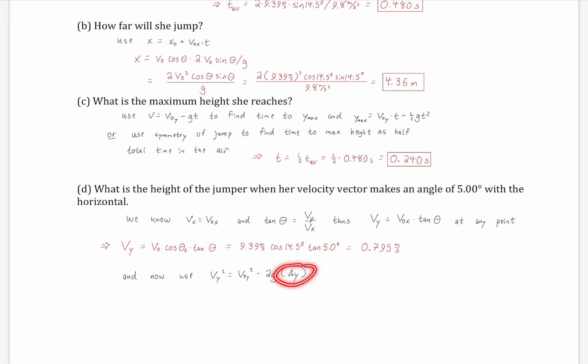Now we can just solve for delta y and we're done, because we were asked for the height of the jumper. I could have found the time and then plugged it back into the vertical displacement formula. That would have worked just as well, but since I didn't need time, I skipped over that. So we're just going to solve for delta y, which corresponds to the instantaneous vertical velocity that we found, as well as the initial one. Plug in our numbers.